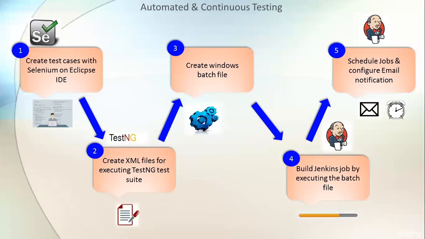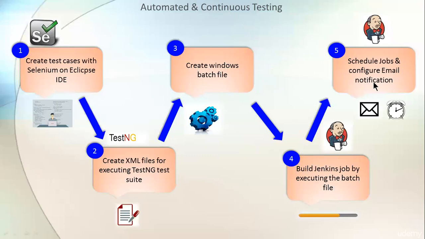Once we create the XML file, we'll create a script. Once the script is created, it can be easily configured in Jenkins to do the executions, and that execution can be easily scheduled.